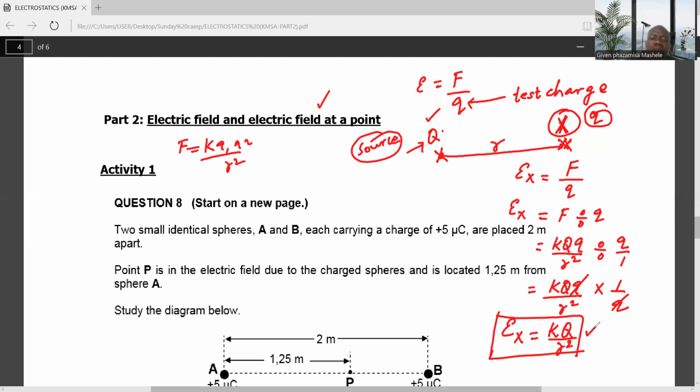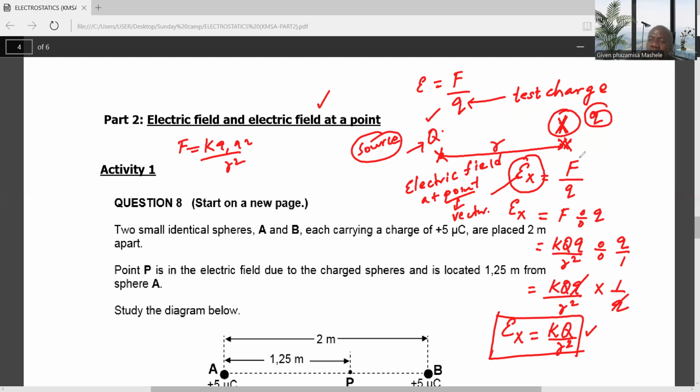While I was busy explaining this, you need to also familiarize yourself with the fact that the electric field at a point, or what is called electric field strength, is also a vector. What does it mean? It means it has both magnitude and direction. Why is it a vector?